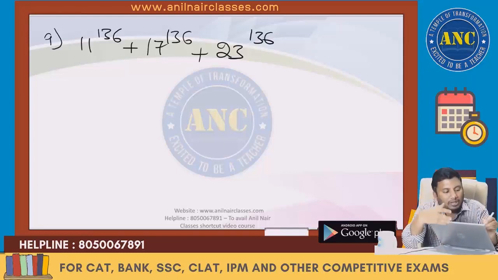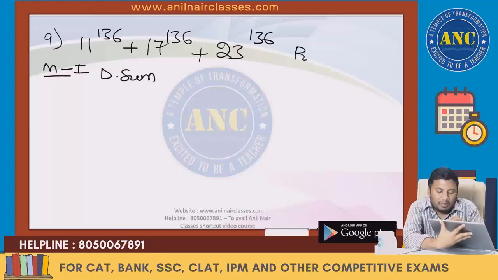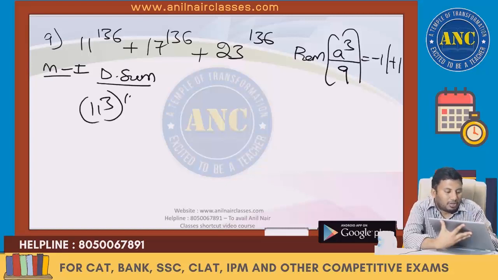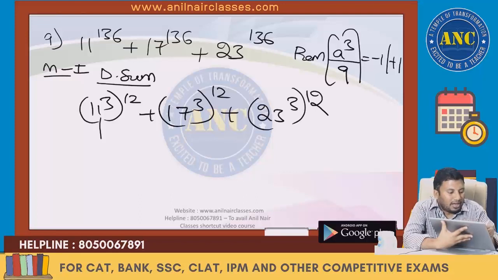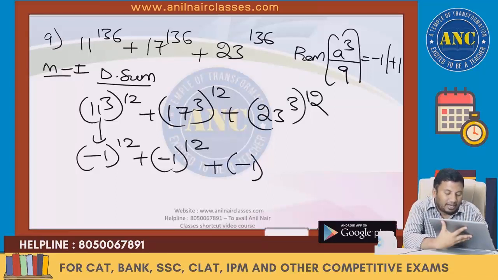You can solve the problem in two methods. Method number 1, digital sum. Always remember, a cube divided by 9 is minus 1 or plus 1. 11 cube power 12, 17 cube power 12, 23 cube power 12. 11 cube, 2 cube, 8 is minus 1, power 12. 17, 1 plus 7, 8. 8 cube, 8 is minus 1, minus 1 power 12. 23, 2 plus 3, 5 cube is 125, 8. 8 divided by 9, minus 1.